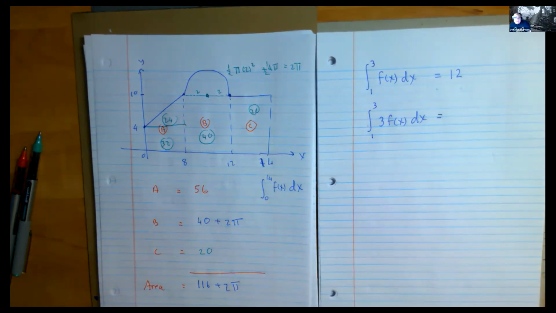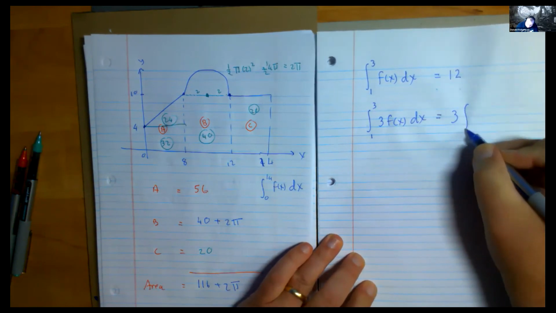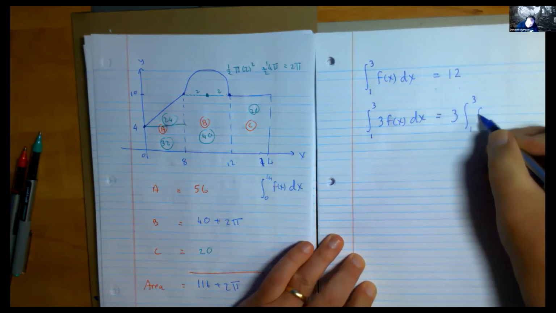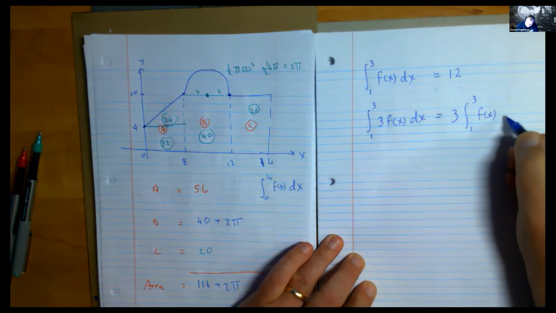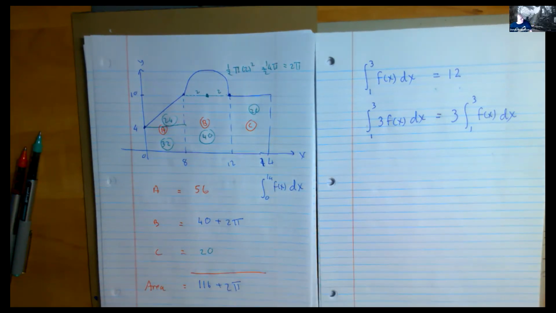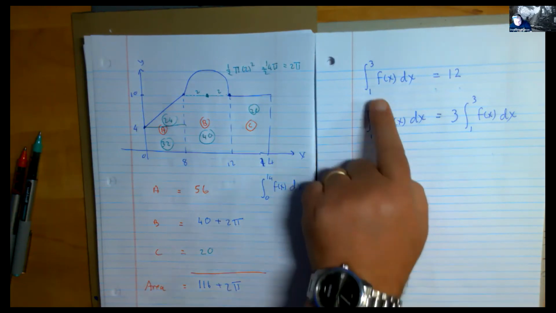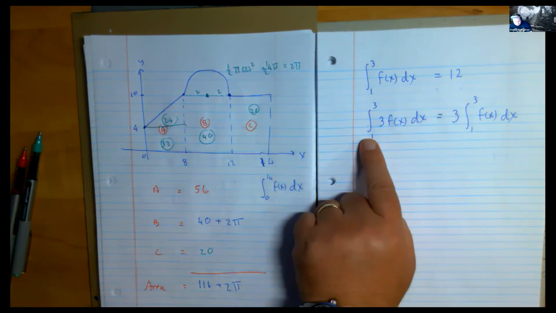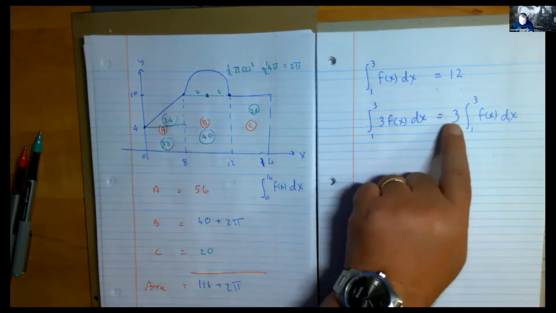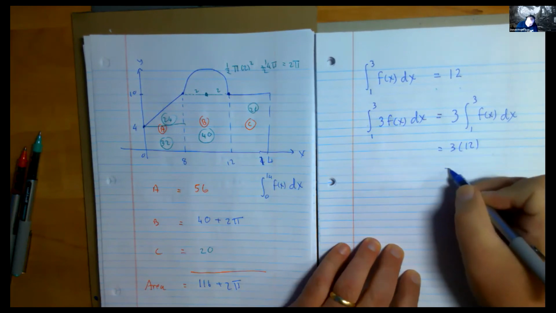If the world was a nice place and things were sensible, wouldn't it be nice if you could just pull out that 3 as a common factor and say that this should be the same value as this? Wouldn't that be nice if that was true? So if I tell you the integral from 1 to 3 is 12, the integral from 1 to 3 of 3 times it should be 3 times 12. And it is.